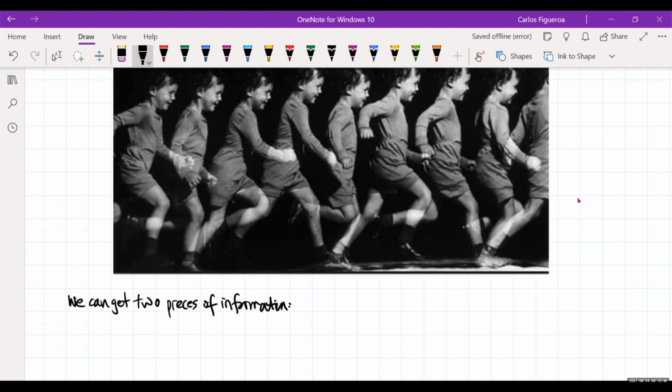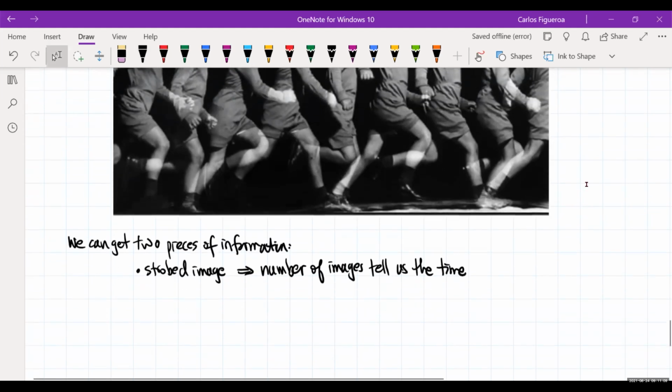Well, one, we know that it's a strobed image. So that means that the number of images tell us the time.